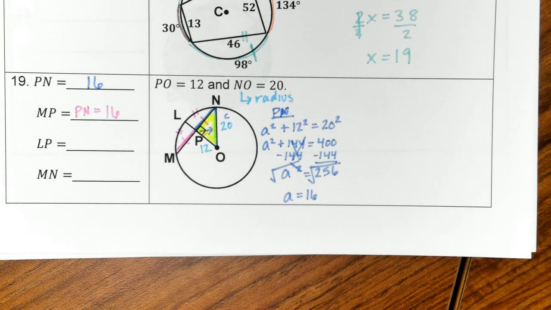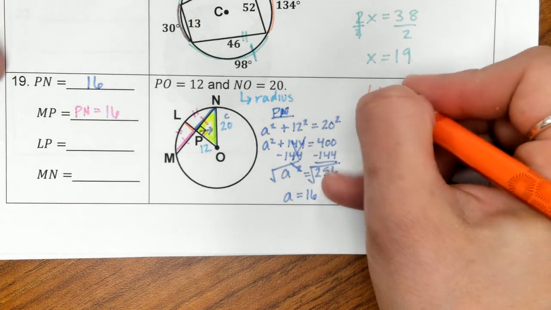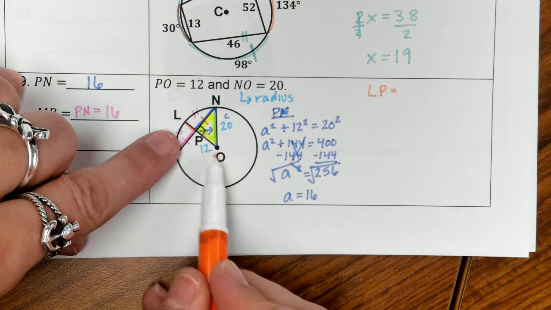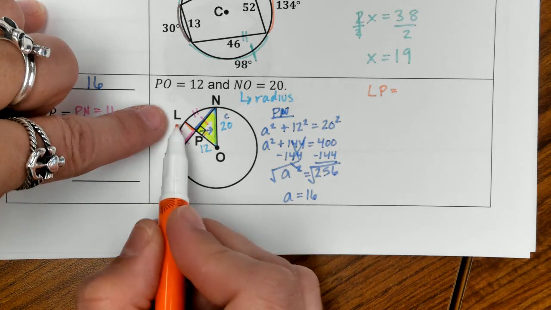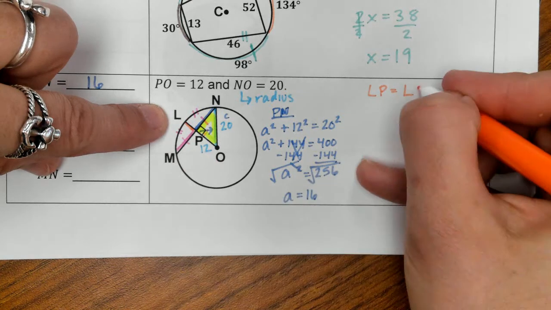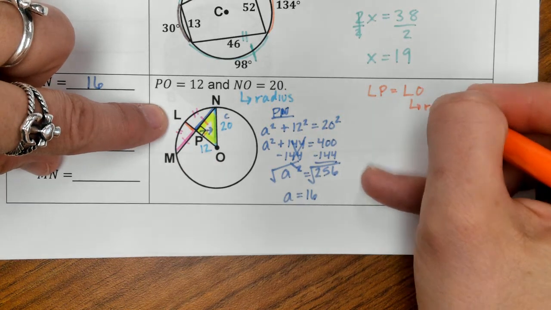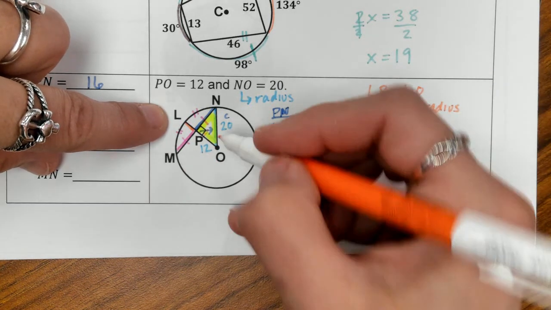Let's take a look at LP. LP is right here. Well, LP, we need to realize, is part of the radius. LP is going to be the whole radius, LO, which again is our radius. NO is not our only radius.